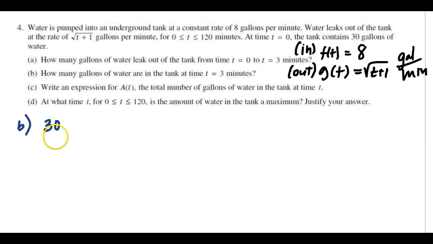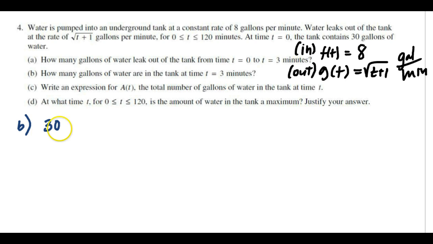But then I have to consider how many gallons have entered the tank during the first 3 minutes. And then I have to think about how many gallons leaked out of the tank during the first 3 minutes to figure out the total number of gallons that were in the tank at 3 minutes.